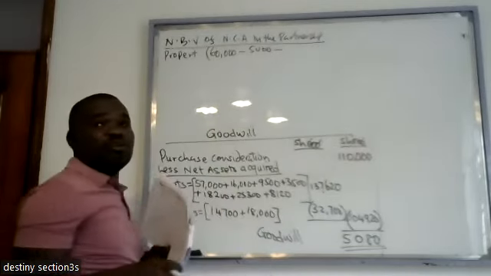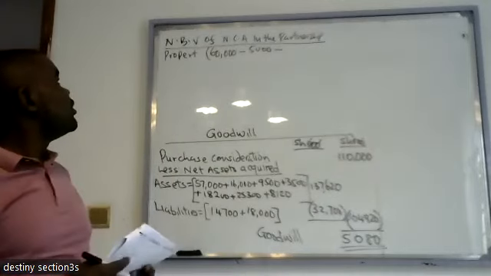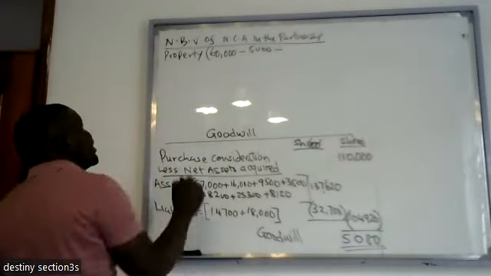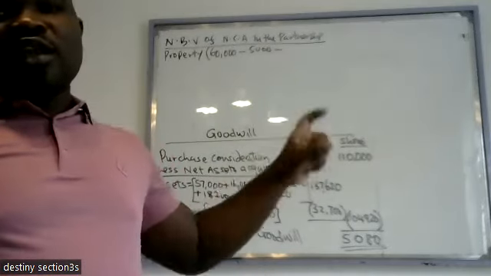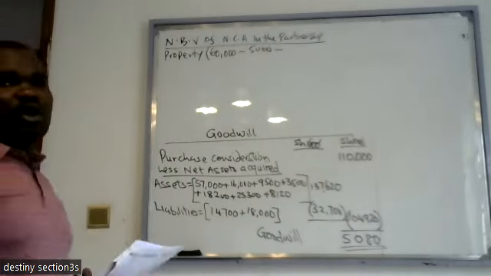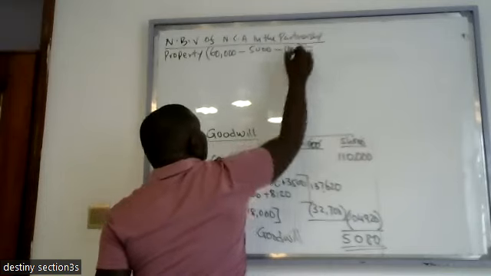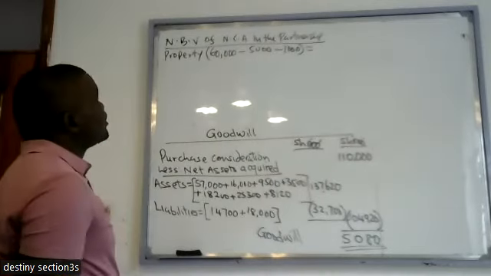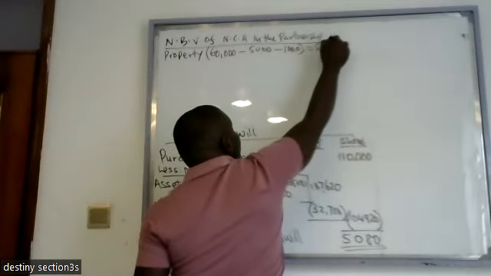How much did we charge depreciation for buildings this current year? You have it there, where we charged when we were adjusting the P&L. How much was depreciation on property? 1,000. Thank you. So minus 1,000, the book value is 60 minus 6, which is 54.